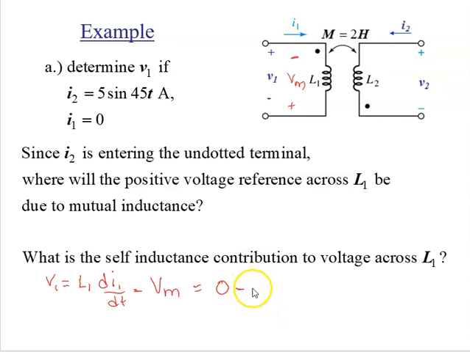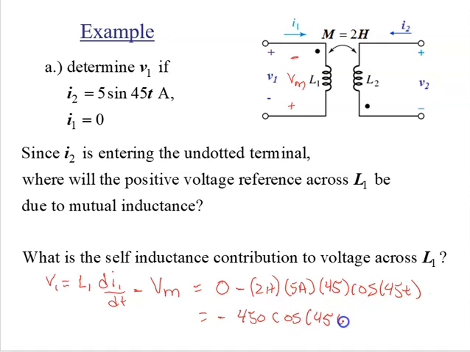Well, it seems this is the same problem, but we still have our M di2/dt, so our M is again 2 henries times 5 amps times 45 cosine of 45t, and that's going to end up equal to negative 450 cosine of 45t volts. Seems like the same problem as the last one.